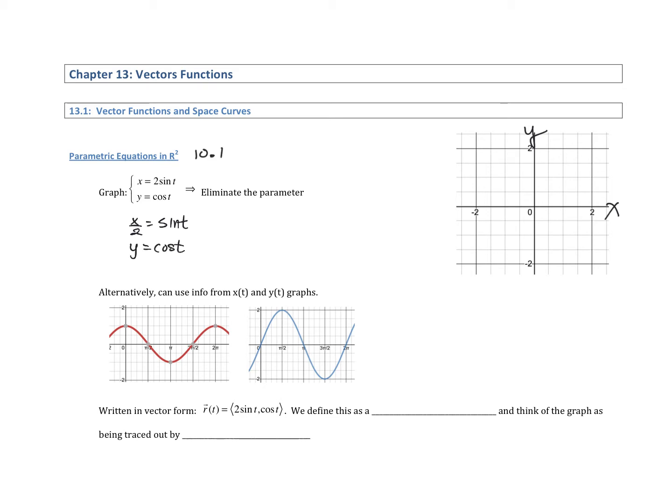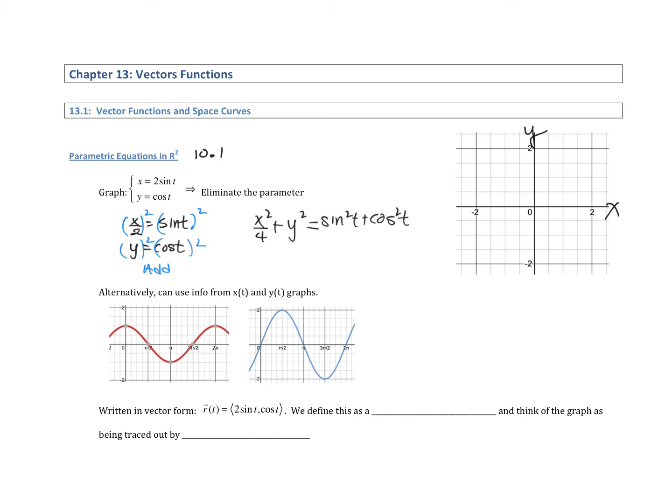When we isolate those, then often what we'll see is that if we square both sides of both equations and then add them together, we'll get x squared over 4 plus y squared on the left, sine squared of t plus cosine squared of t on the right.